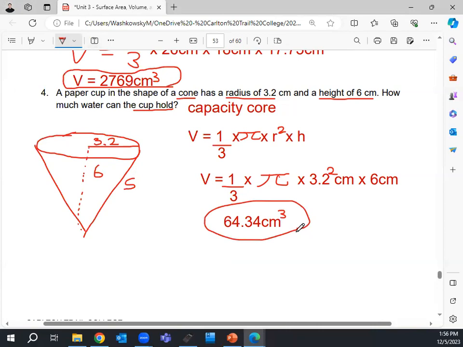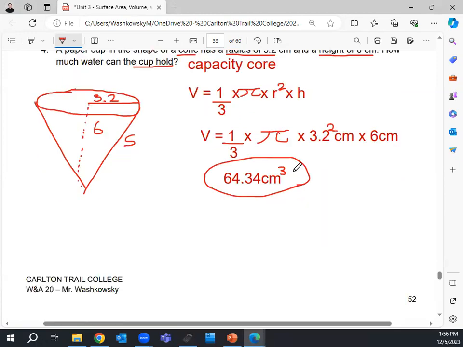And again, the biggest mistake you're going to make here is, cool, I'm done. I found the volume. It is not a volume question. It is a capacity one, which means I want to know how much water this can hold. How can I turn centimeters cubed into liters? I can just divide it by 1,000.